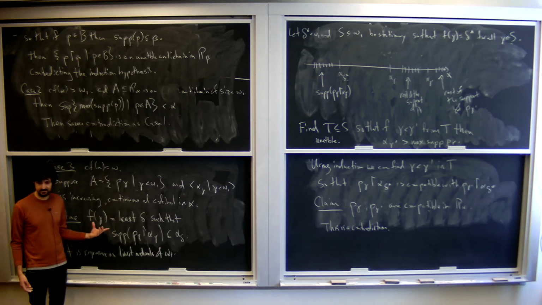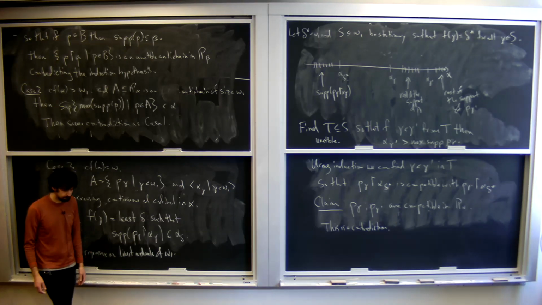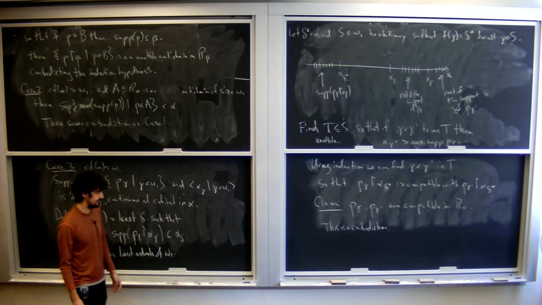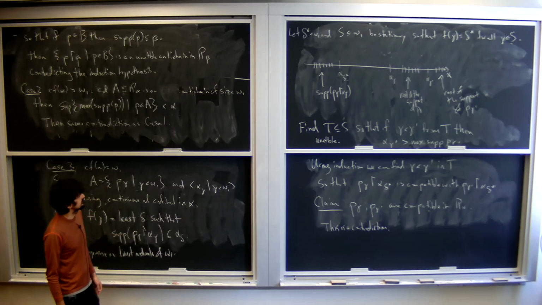Okay, because this regressive function just needs to be defined on a stationary set. So there are all kinds of refinements of this theorem explicitly, but also other more complicated theorems where you want to prove something about some weakening of CCC. Like, for example, properness.